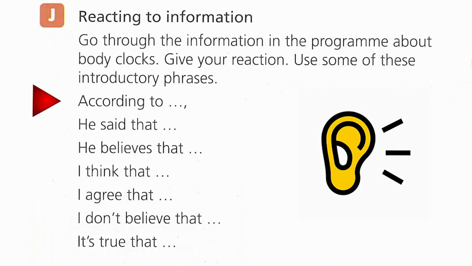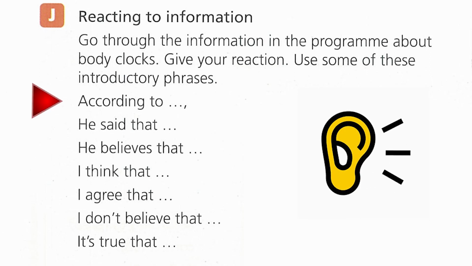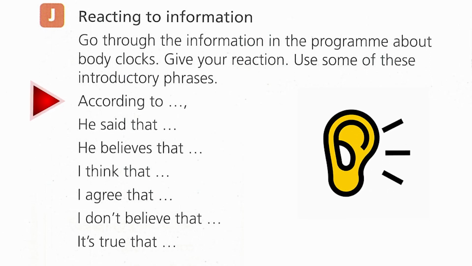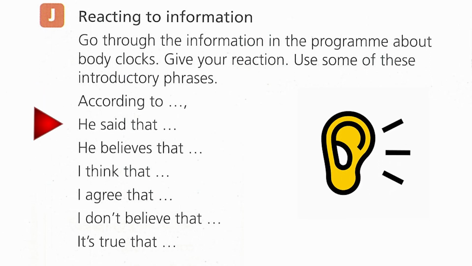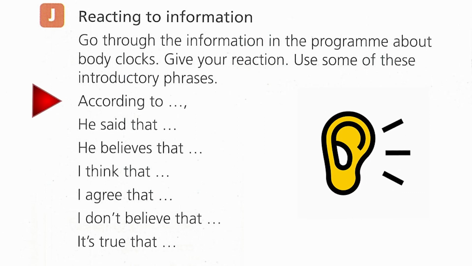Now, coming to the end of our episode, we will be listing some of the introductory phrases we were talking about. Some of them are: according to, and this is said when you want to give an opinion which might be different from another one's opinion. He said that, and this is to state what somebody has in mind.